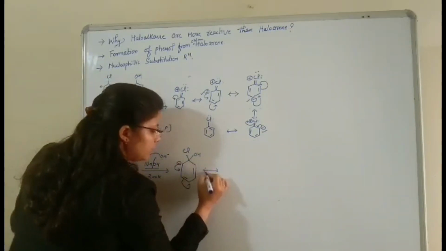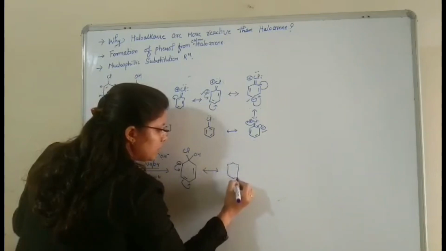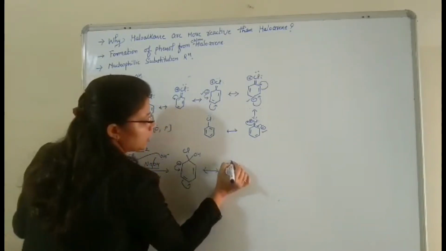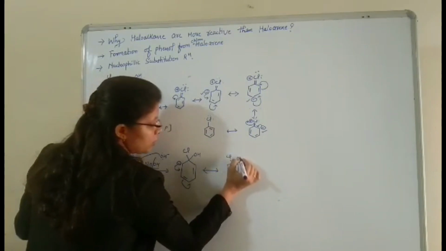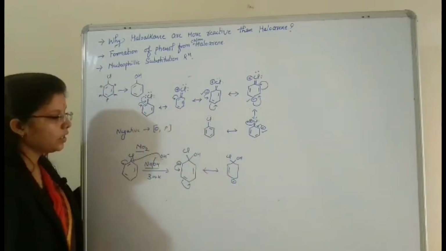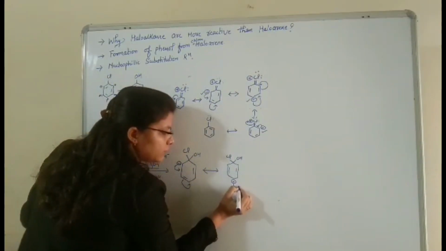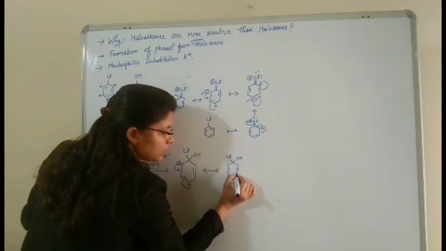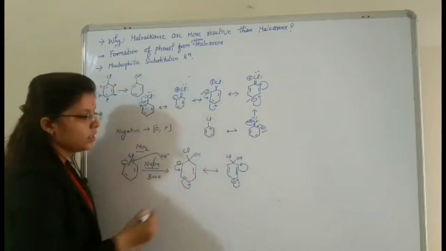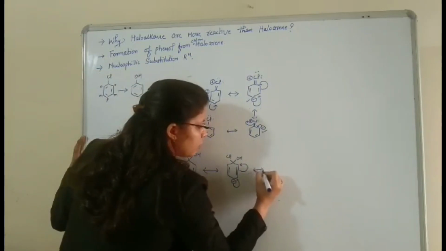Again a structure can be formed like this: a double bond will be formed here, here chlorine will be there, here the OH group will be there, and here the negative charge is there. After that this negative charge will shift here, so this bond will shift here, and the structure can be formed in this way.